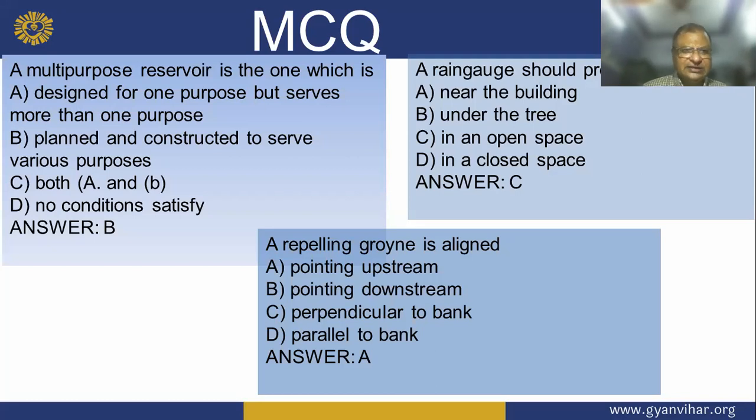The correct answer is B, planned and constructed to serve various purposes. And a rain gauge should preferably be fixed near the building? So which is the correct answer? The correct answer is C, in an open space.